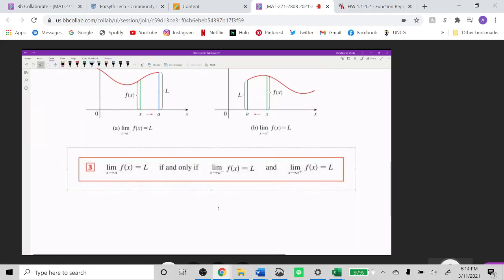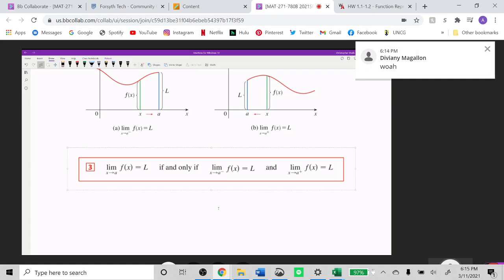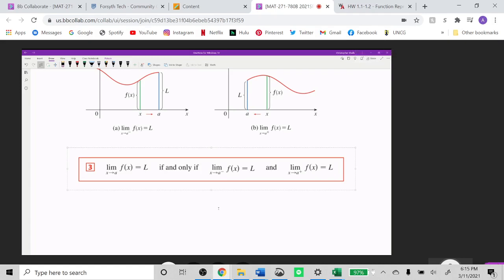The limit of f of x as x approaches a equals L if and only if the limit of f of x as x approaches a from the left is equal to L, and the limit of f of x as x approaches a from the right is equal to L.